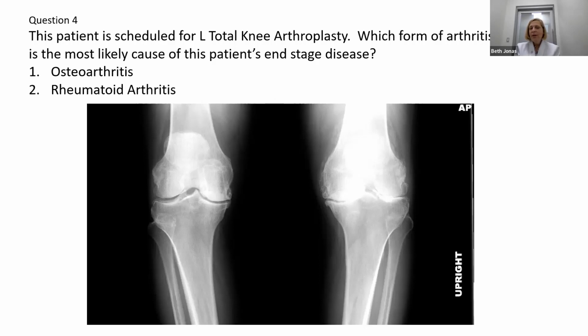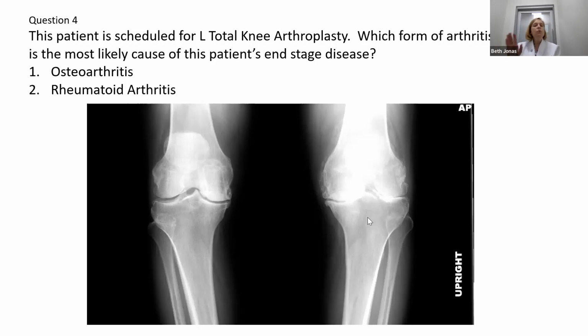All right, well, we've got a 50-50 on this one, so we've got some work to do. So in this joint, and even on the right, you can see that there's uniform joint space narrowing. And so it's most likely that this joint was damaged by an inflammatory disease. So that's more likely to be rheumatoid arthritis than osteoarthritis.